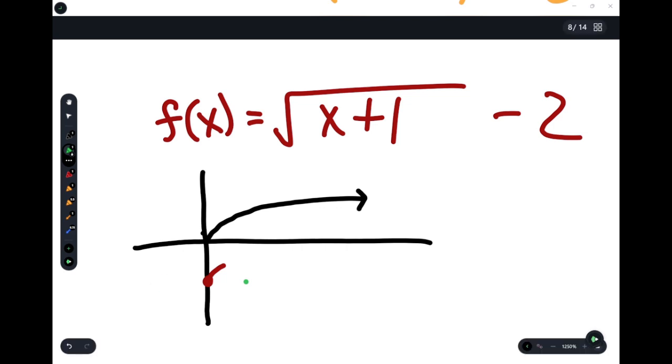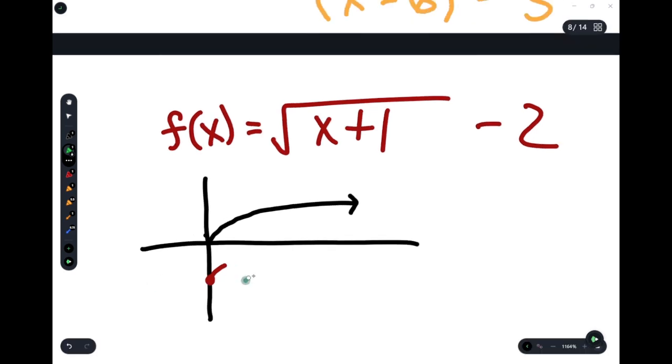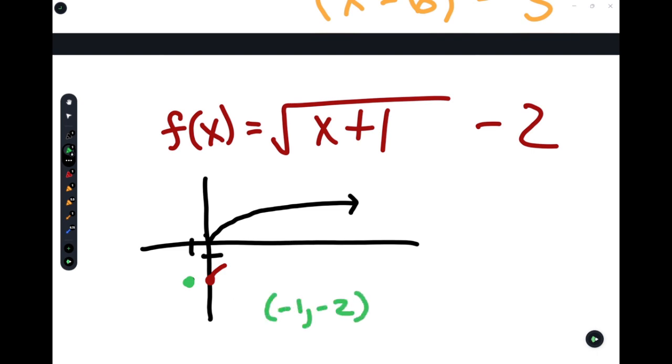So what number is that? So that would be 1, 2, 1. So down here at -1, comma, -2. And then it goes up and over 1, because that's just what the square root function does. So we're going to end up on 0, comma, -1. I think, right?